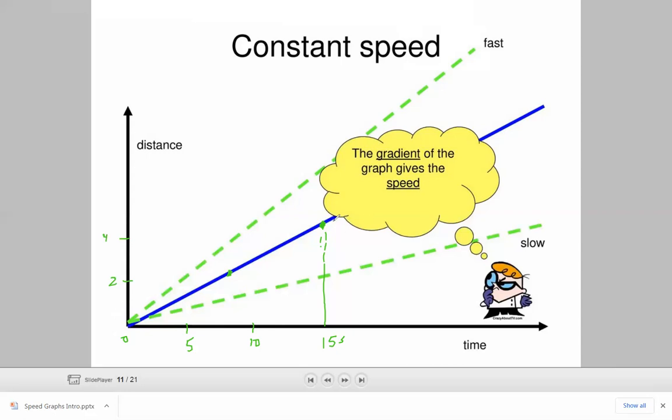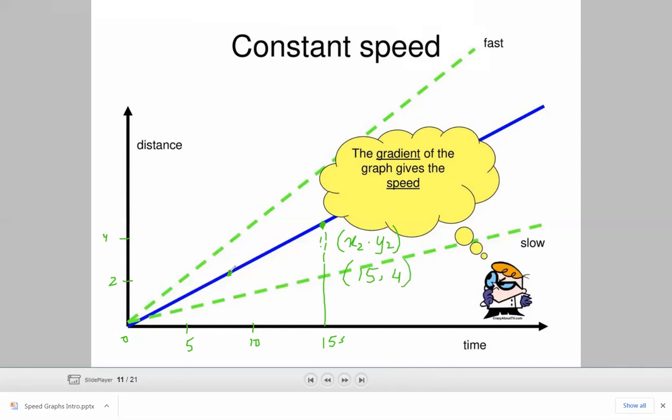Okay, so I have selected any 2 points on my graph. This one would be my point 2, which I would call x2, y2, which is the common representation of a point on a graph. So my x2 value corresponds to 15, whereas my y2 value corresponds to 4.